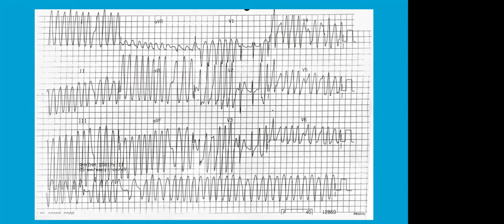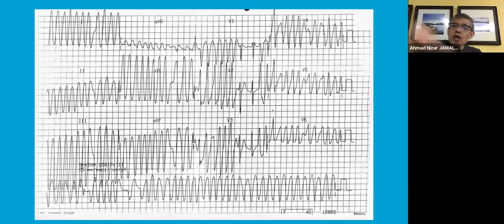The thing not to do in this situation is to give any drugs that block the AV node. Because if you do that, the AV node is blocked, all conduction goes down the accessory pathway, and that is a sure way of inducing VF.